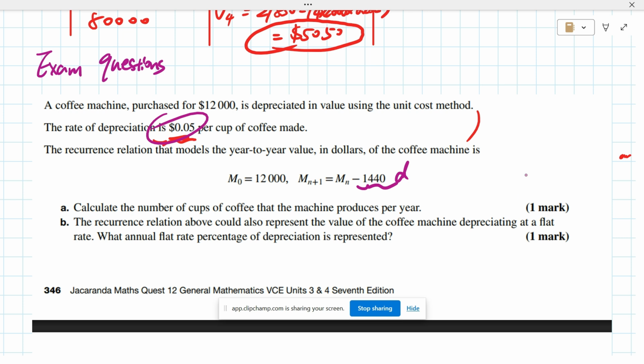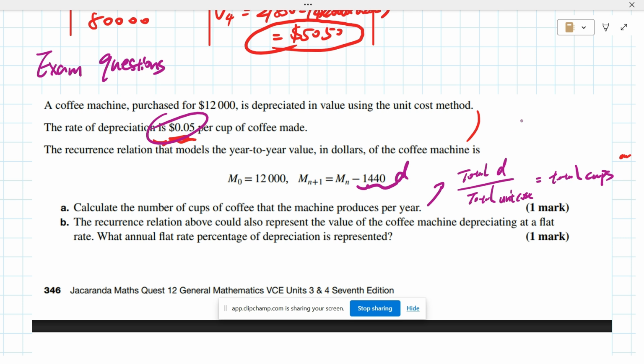So each year you depreciate 1,440, at 0.05 per cup. So we do a division: total depreciation divided by unit cost equals total cups you make.